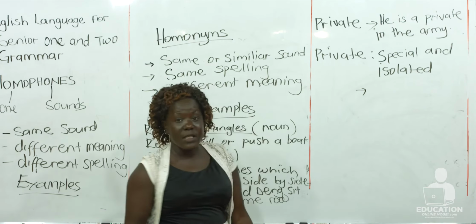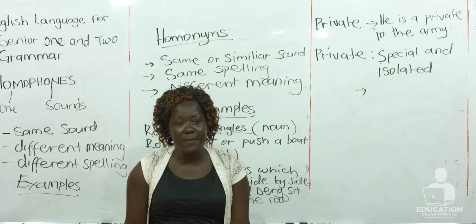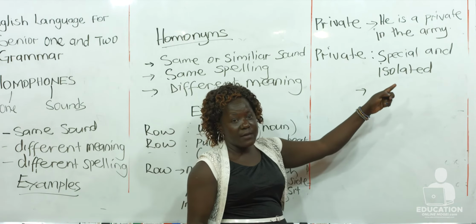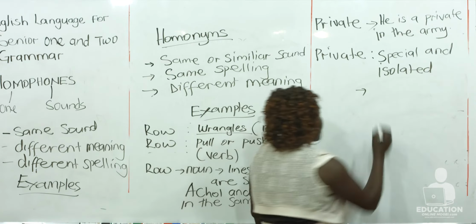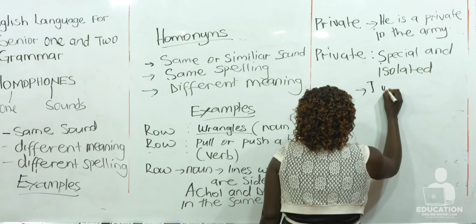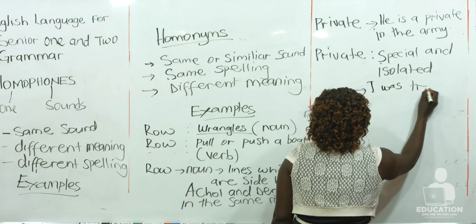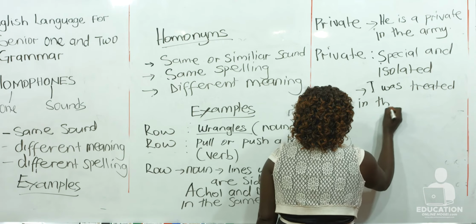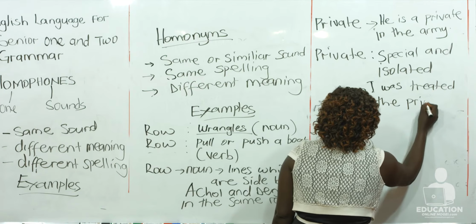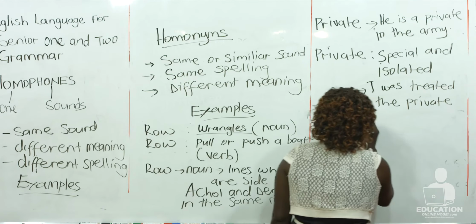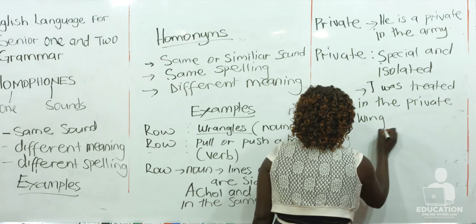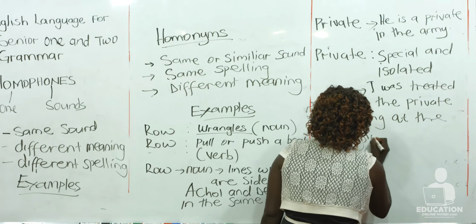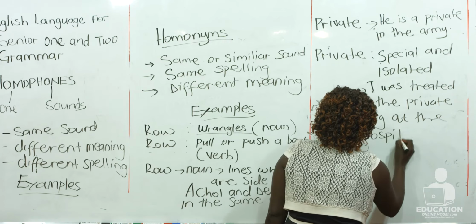You can use it to construct a sentence by saying, I was treated in the private wing of the hospital. Private wing at the hospital.